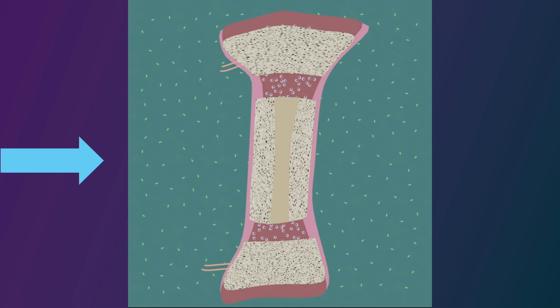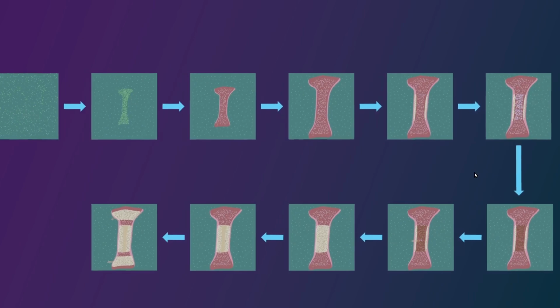So this was the primary ossification center. These are the secondary ossification centers. And by the way, the articular cartilage, and the epiphyseal cartilage or growth plate, still remain cartilaginous until adolescence.